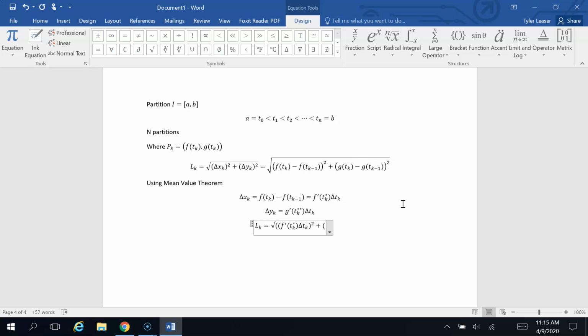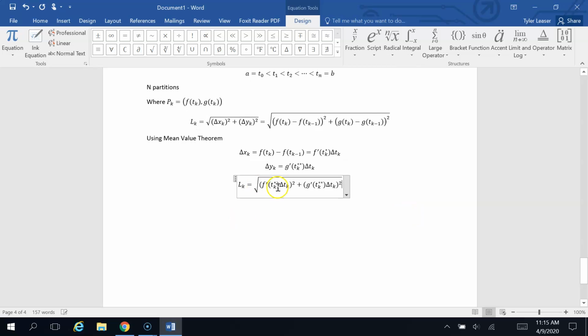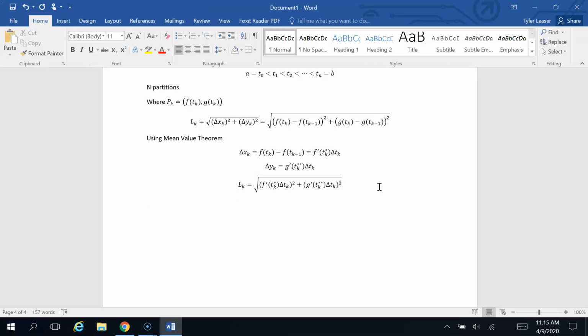So this is going to be g prime of t sub k double star times the delta t sub k, squared. Great. So anyway, that's just substituting out this delta x sub k, delta y sub k with what the mean value theorem gave us. And now we're going to take this one step further.